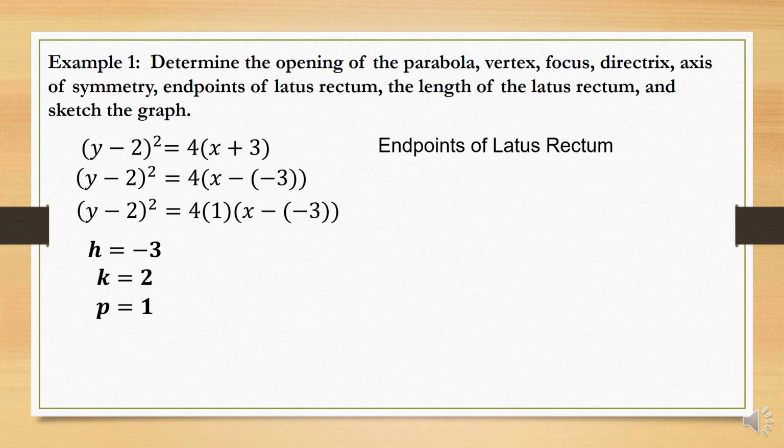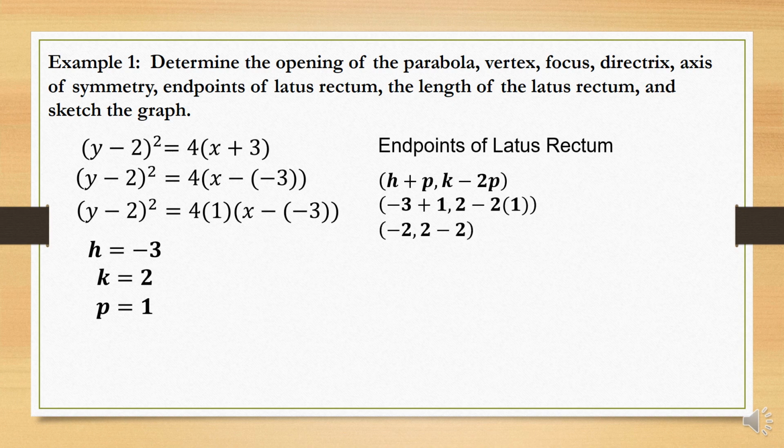Endpoints of latus rectum. So we have h plus p and k minus 2p. Substitute the values. We have negative 3 plus 1 and 2 minus 2 times 1. Then just do the operations. Simplify: negative 2 and 2 minus 2, so one of the endpoints of the latus rectum is negative 2 comma 0.